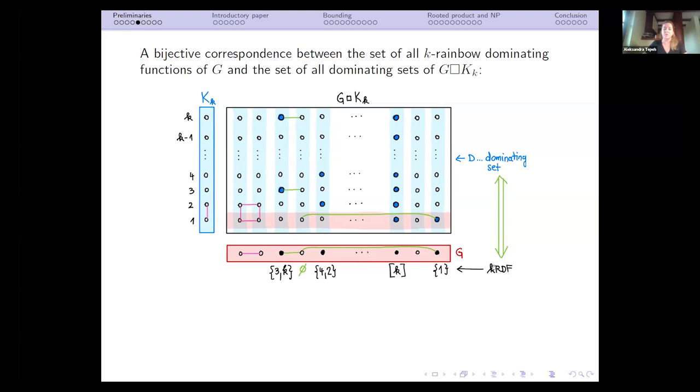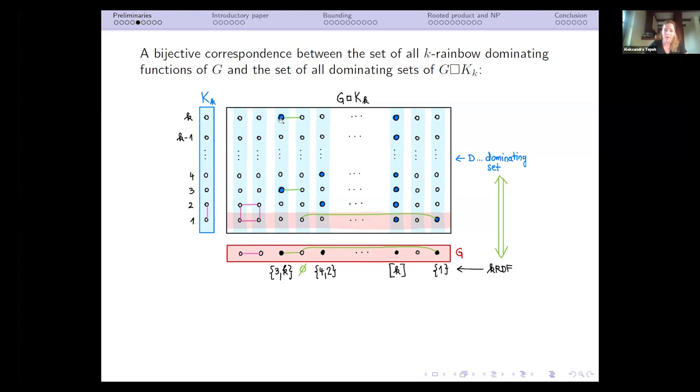And vice versa is also clear. We start with a K-rainbow dominating function in G, and then according to these labels, I pick these vertices, I label them with blue, and then I say these blue vertices will form my set D, and then it is also clear that this will be dominating.